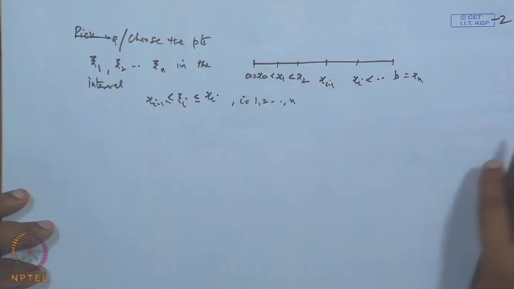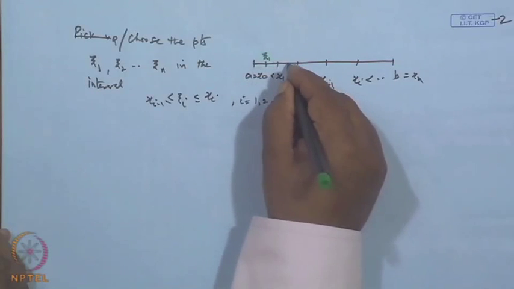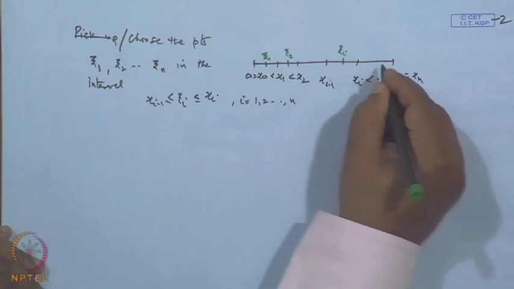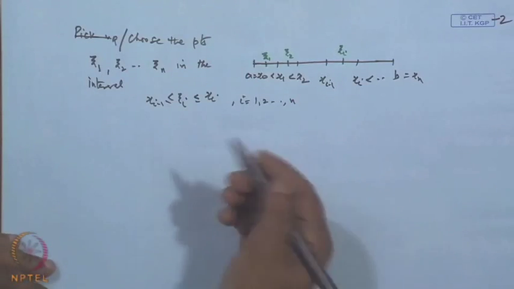In this we are choosing the point xi1 here, here xi2, this is say xi, and continue this. Now, at this point find the functional value.